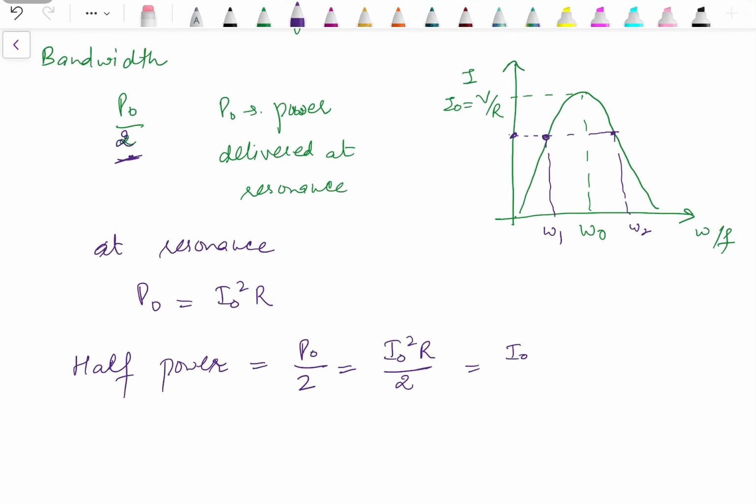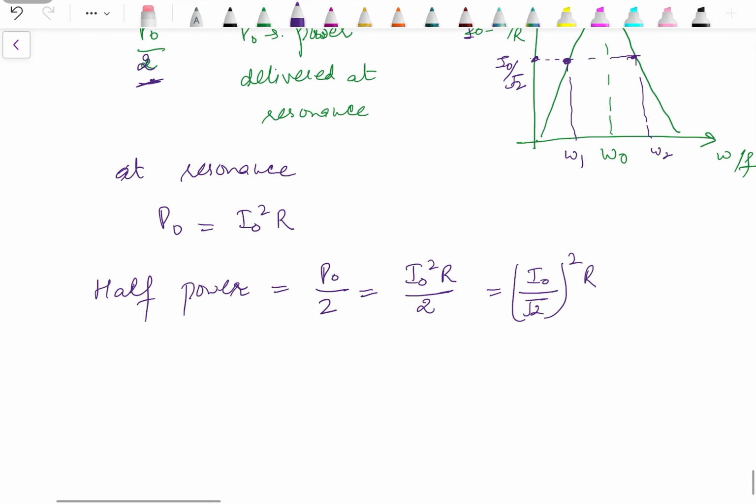We can write it as I naught by root 2 square into R. So corresponding to this, the current value is I naught by root 2, where I naught is the current at resonance.